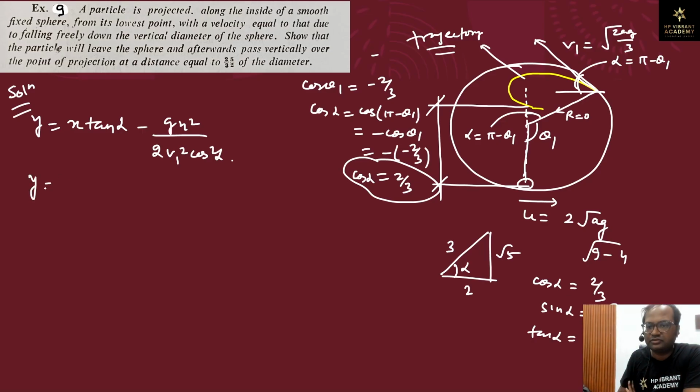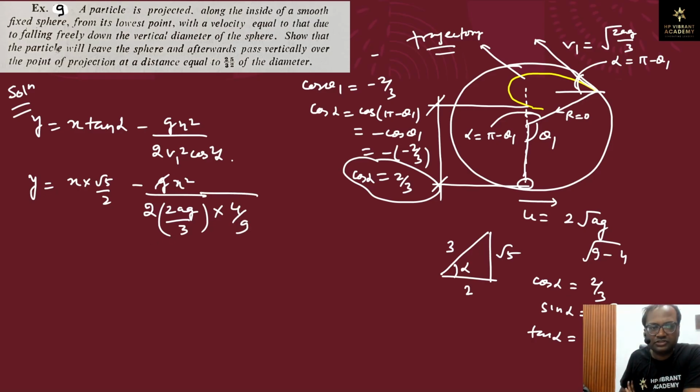So y is equal to x root under 5 upon 2 minus gx square upon 2 v1 square cos square alpha. With v1 square as 2ag upon 3 and cos square alpha as 4 upon 9, the g gets cancelled. So y is equal to x root under 5 upon 2 minus 27 x square upon 16a.